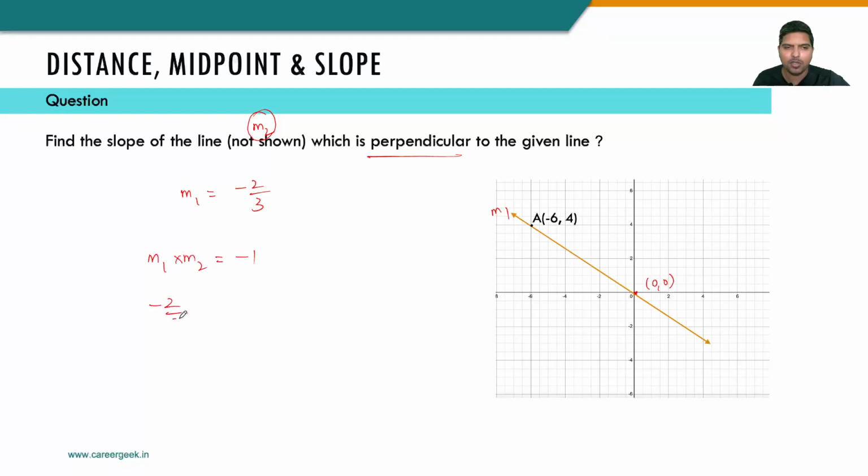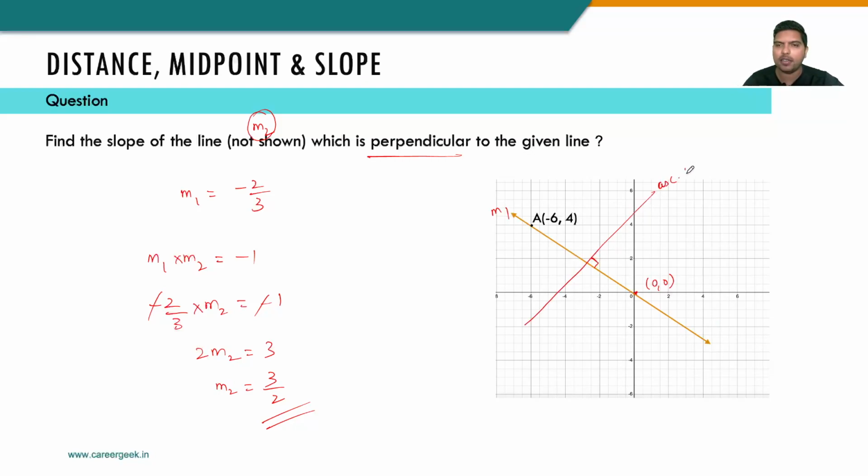So I substitute. 3 will go to the other side and get multiplied, and you divide by 2 to get the slope of the perpendicular line. As you can see, the perpendicular line will be somewhat like this, which is an ascending line, so the slope has to be positive.